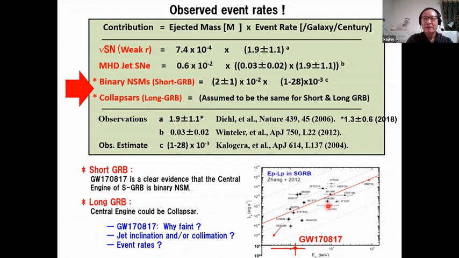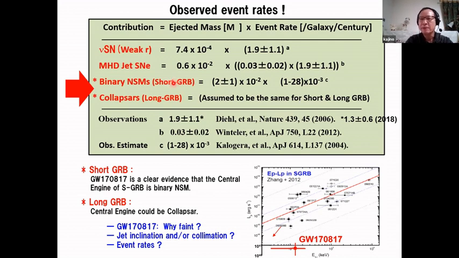Why are they faint? Why are they so collimated? Therefore, we here assume that long duration gamma ray bursts, namely those whose central engine is collapsars, have the same event rate as short duration gamma ray bursts, namely binary neutron star mergers.